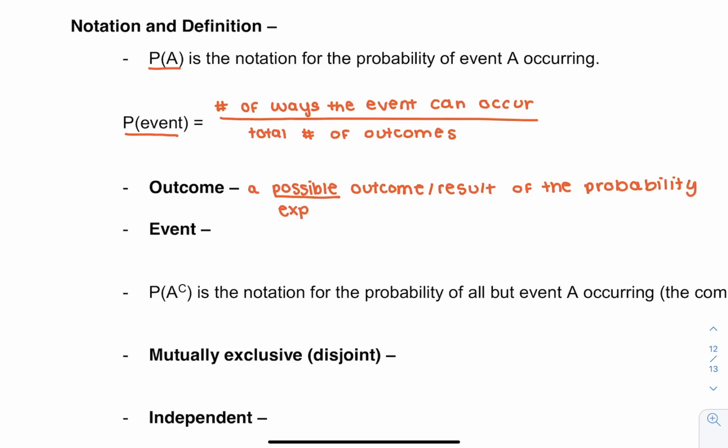This can be something really simple, like a probability experiment could just be pulling socks out of a drawer or rolling a dice, or it can be something really complicated, like the weather, where there's a bunch of different outcomes that you could have. And an event is a specific outcome or result of the probability experiment, whatever that happens to be.